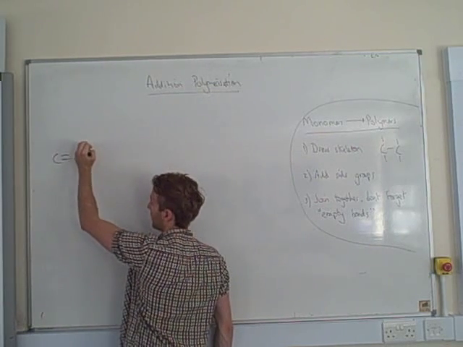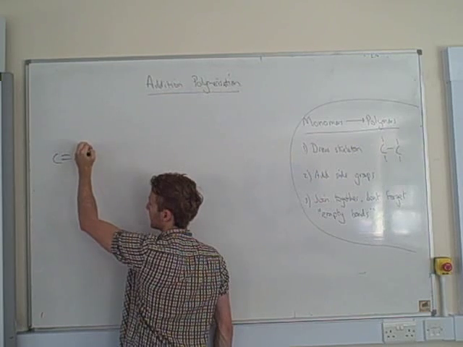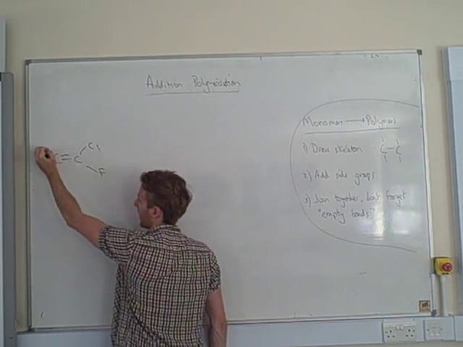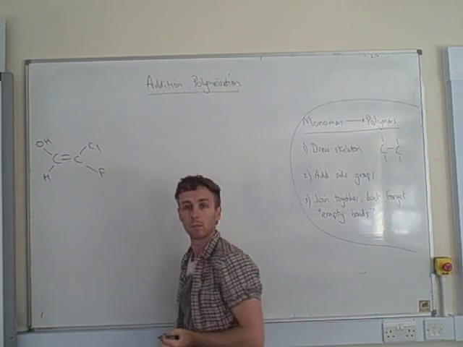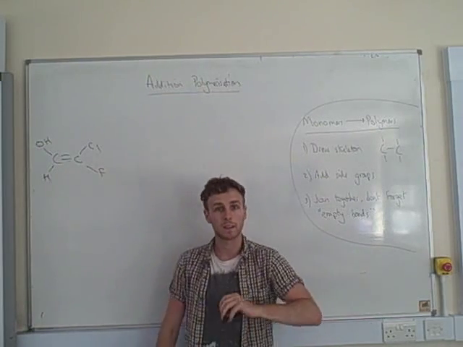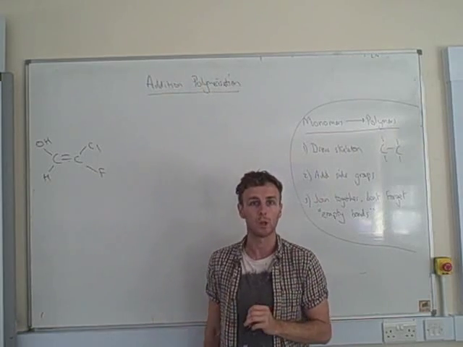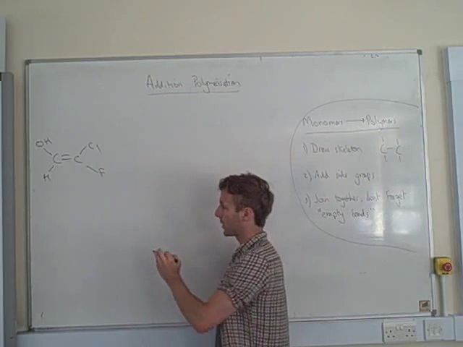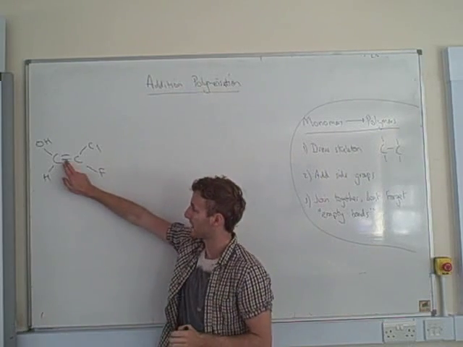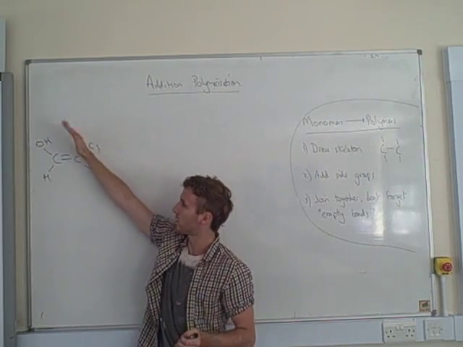Let's have a Cl, an F, an OH, and a H, like that. So the question says, show 3 repeating units of a long polymer made from this monomer. In reality, what's actually happening is this double bond is swinging round.